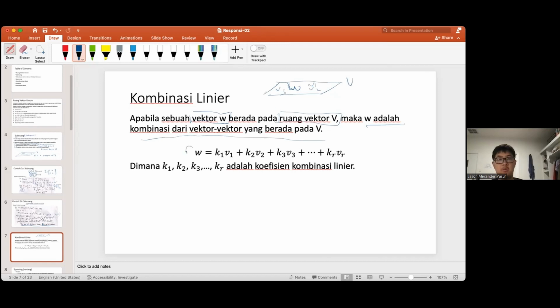Hence, we must be able to express W in this form, where K1, K2, and so on and so forth are called the coefficients of the linear combination.